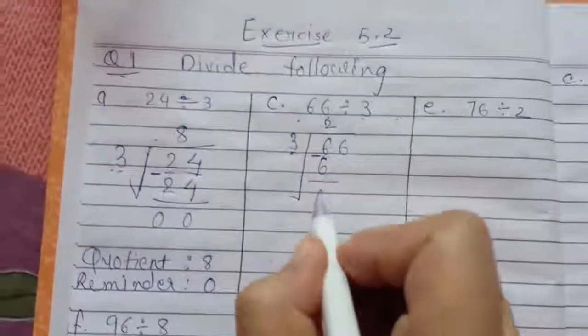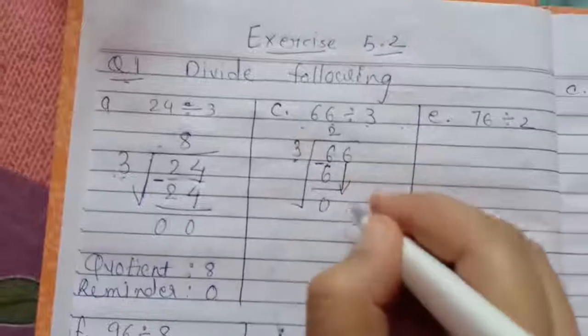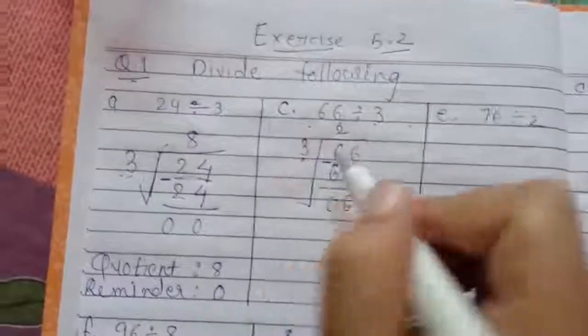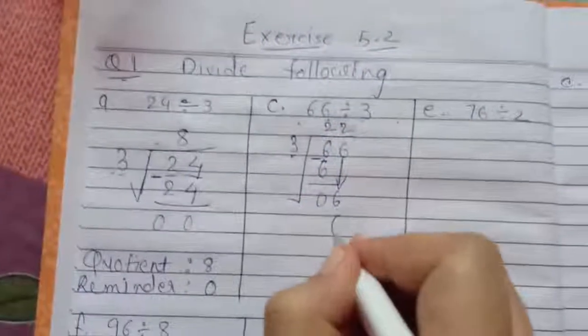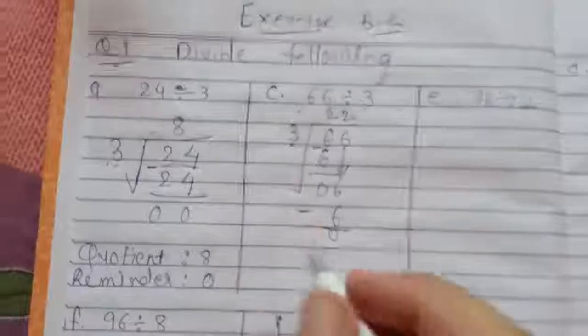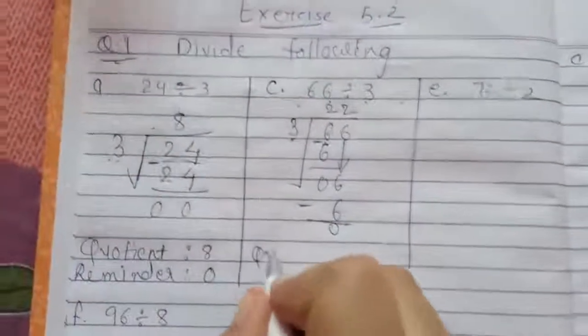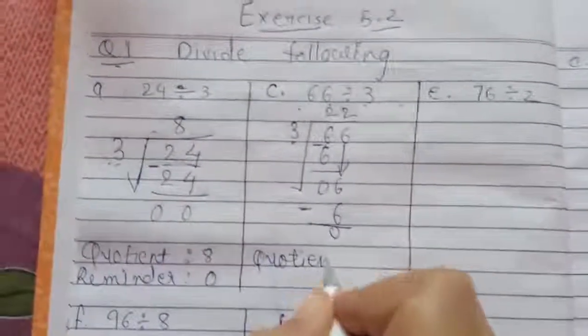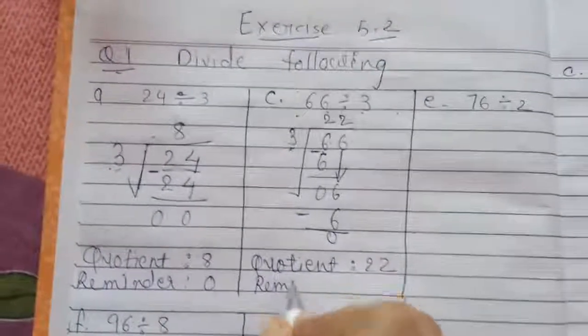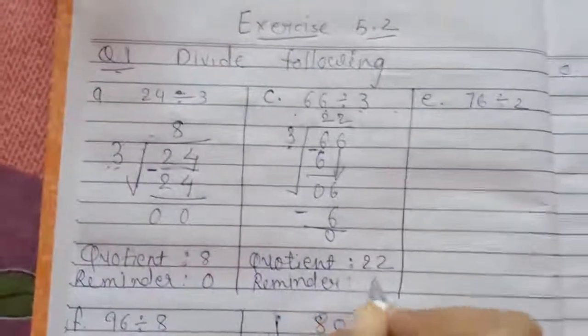Subtract 6 minus 6 0. Bring down the 6. Again here is the 6, here is the 3. So 3 2s are 6. Subtract 0. So what is the quotient? That is 22. And what is the remainder? That is 0.